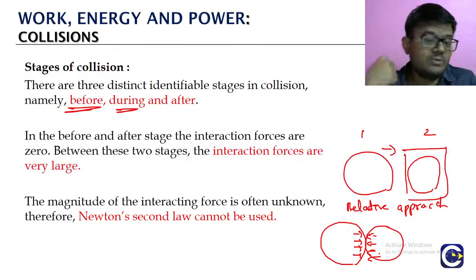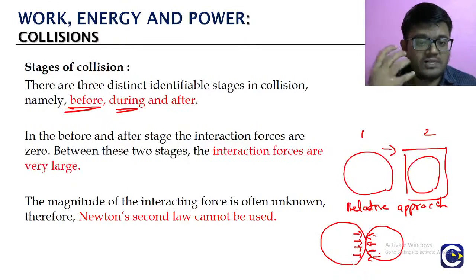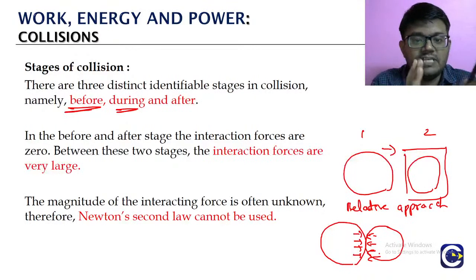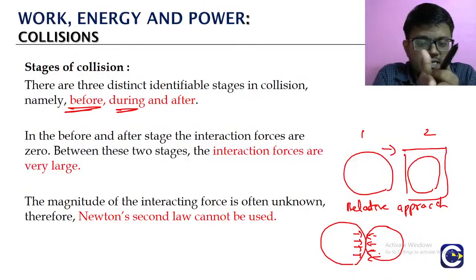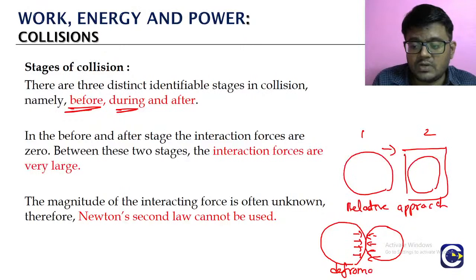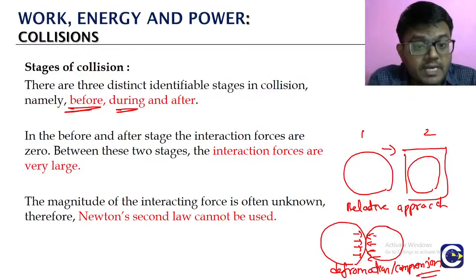In slow motion, we see the skin and jaw shake. What is happening there? Once this guy is hitting him, apparently the compression is happening. So during the collision time there can be some deformation, or compression, whatever you want to call it. It may be temporary, it may be permanent also.